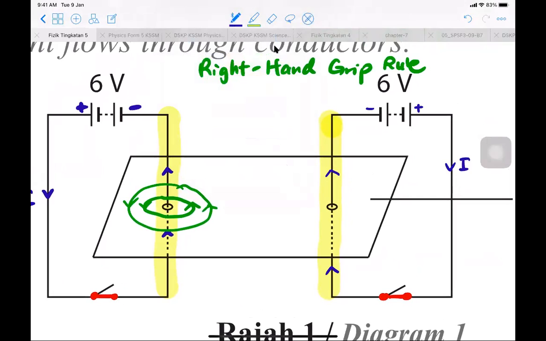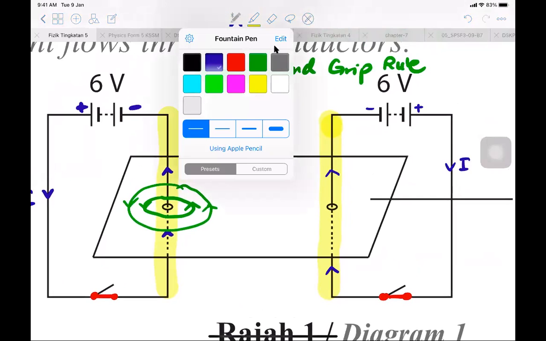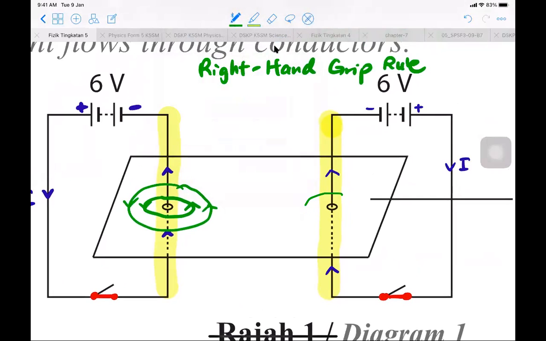Again, by using your right hand grip rule, determine the direction of the magnetic field around the straight wire. Is it the same? Yes, anti-clockwise. It should be pointing in the anti-clockwise direction.